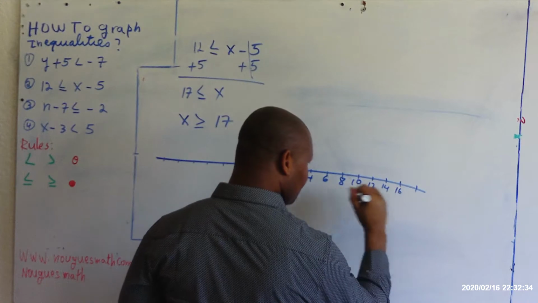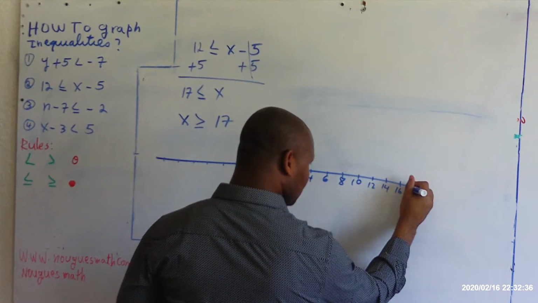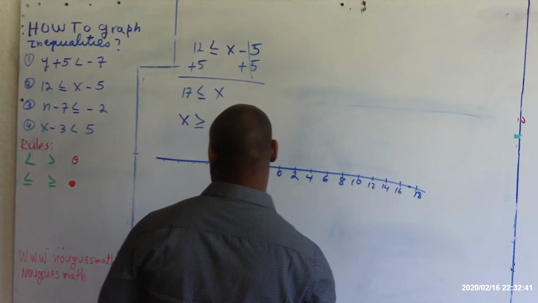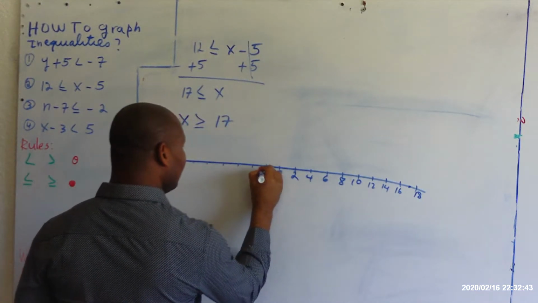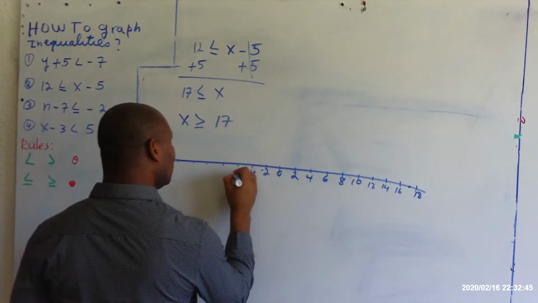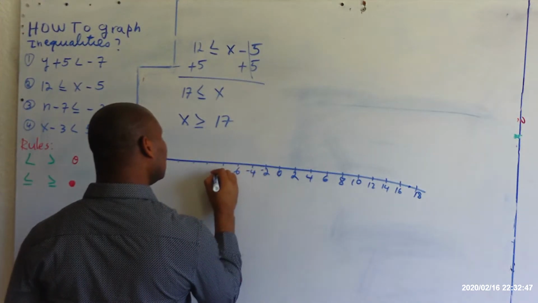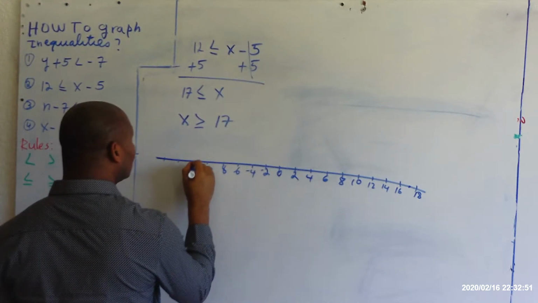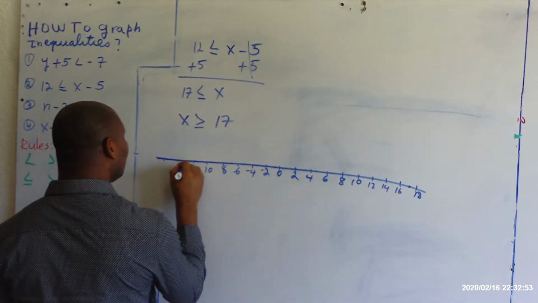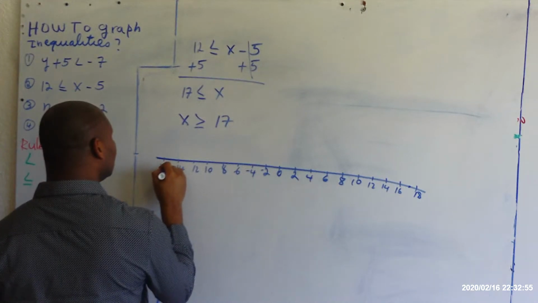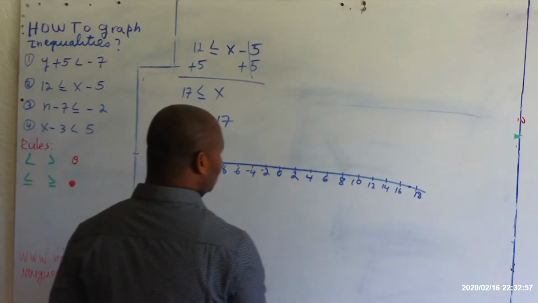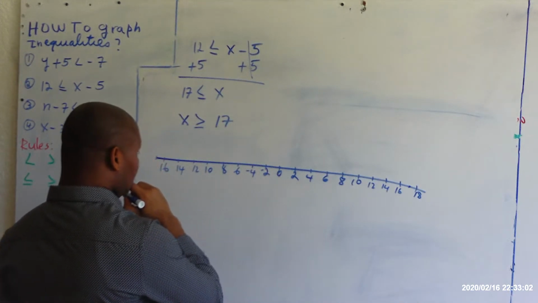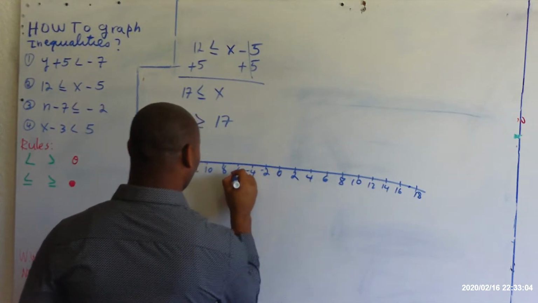We can say 17 is going to be right here. That's 18, and that's 17 right here. So we have negative numbers on the left.